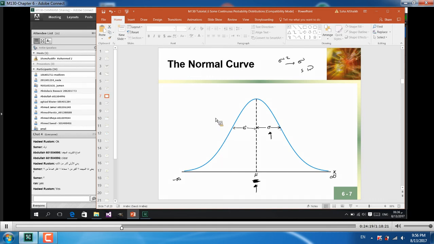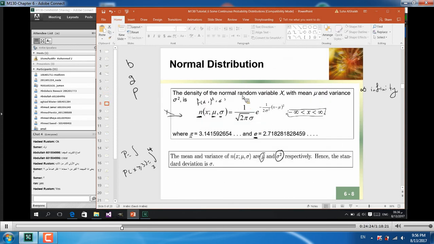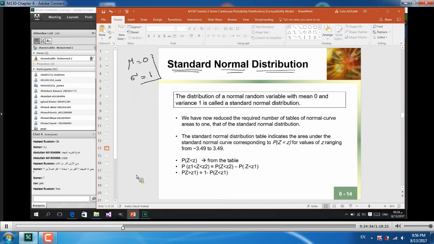If we go back to our formula here and we replace mu with 0 and sigma with 1, this will make it look better, right? This will be easier, and the tables will be minimized to one table only.